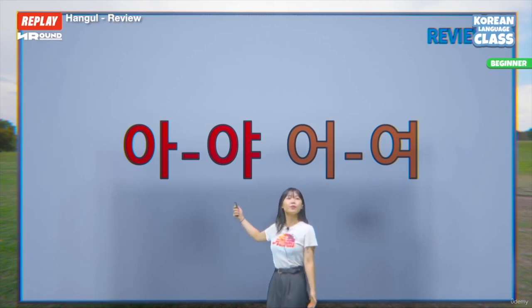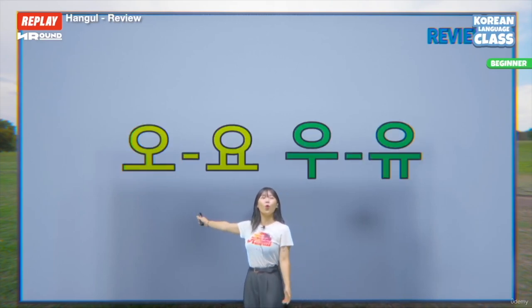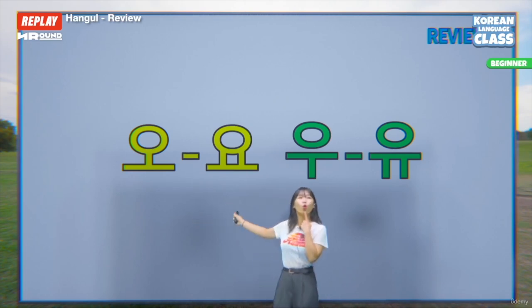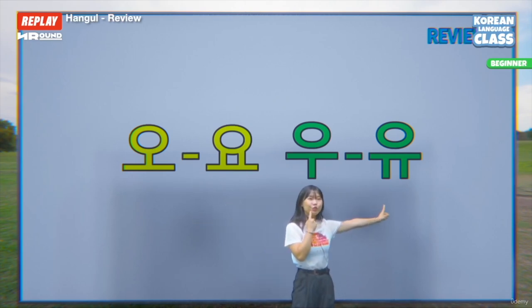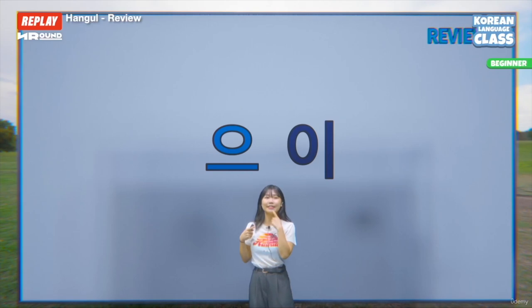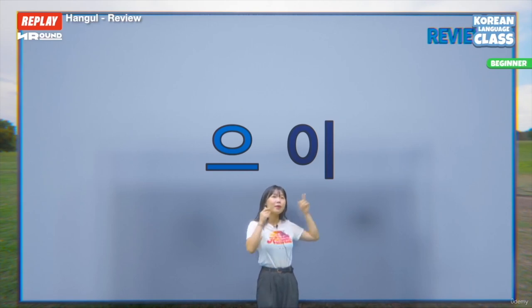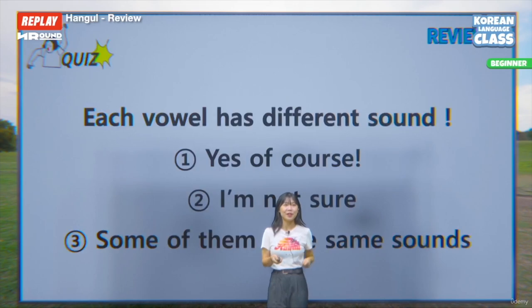And then, what's next? U. Yo. U. Great. Yu. And then the last 2, with a big smile, E. Great. E. Good job.